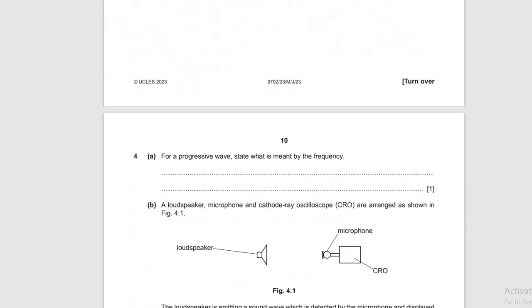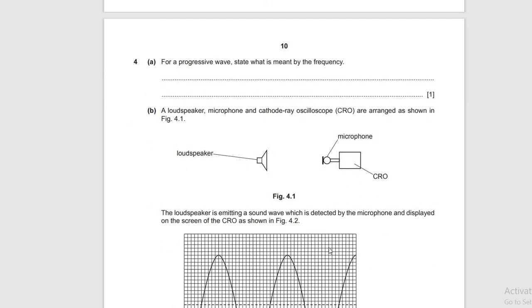That's it. Let's see the fourth question. For a progressive wave, state what is meant by frequency. So that's the definition of frequency.